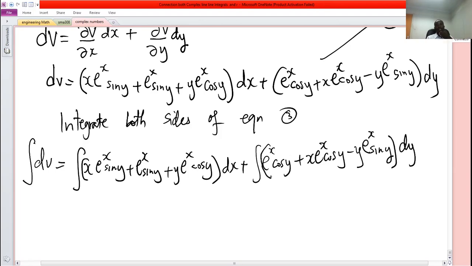So integrate term by term. The integration of dv is v. This is with respect to x, so I can take sine of y out, because that doesn't depend on x.